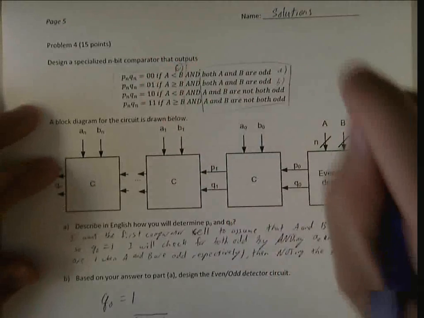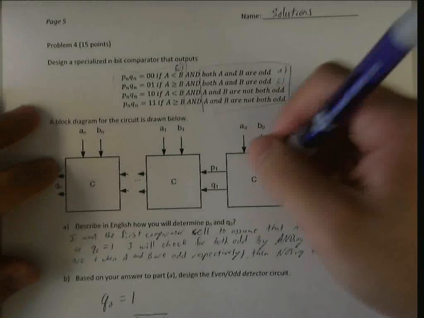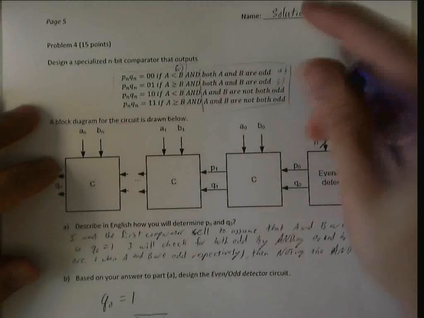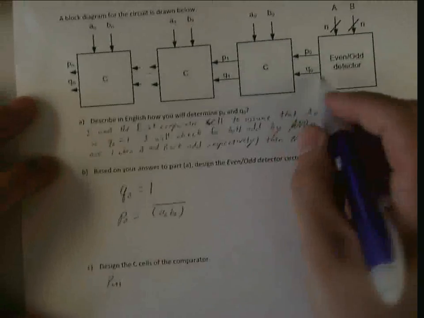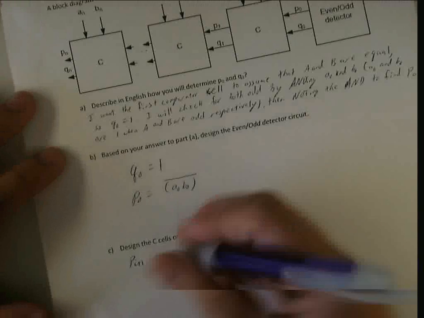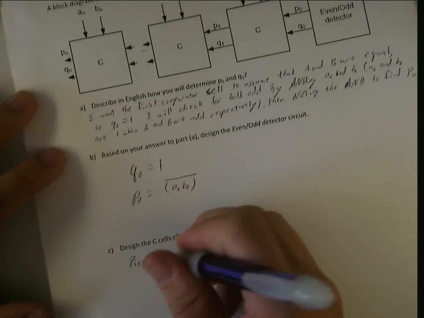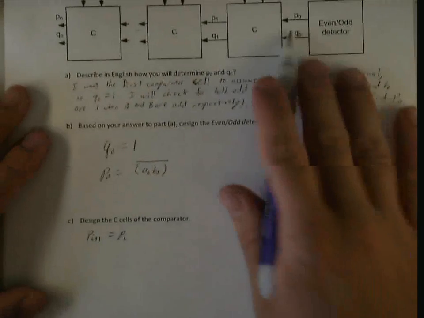It only contains information about odd or not odd. So it's just going to stay consistent throughout the entire thing, because after the first bit, you can't change whether or not it's odd or even. It's done. So P sub i plus 1 is going to equal P sub i, because we can't change the odd-even relationships.